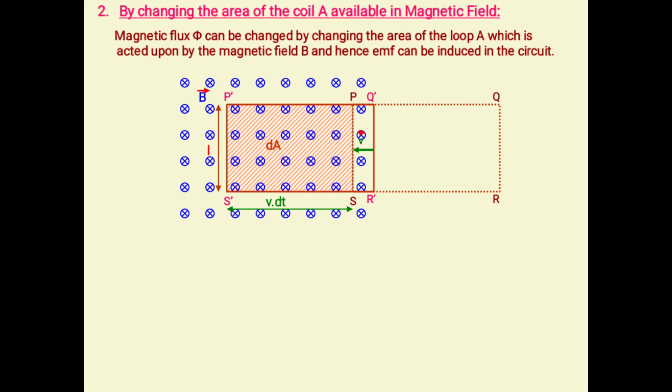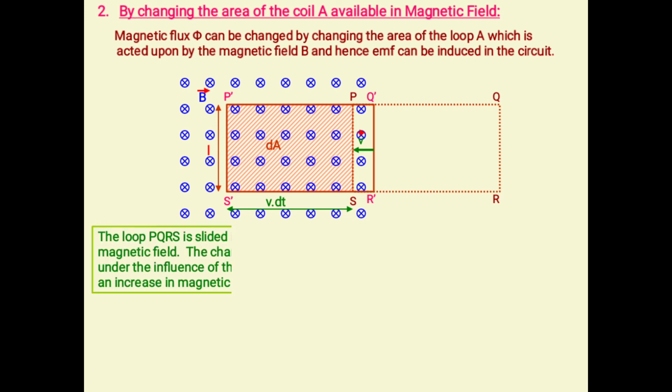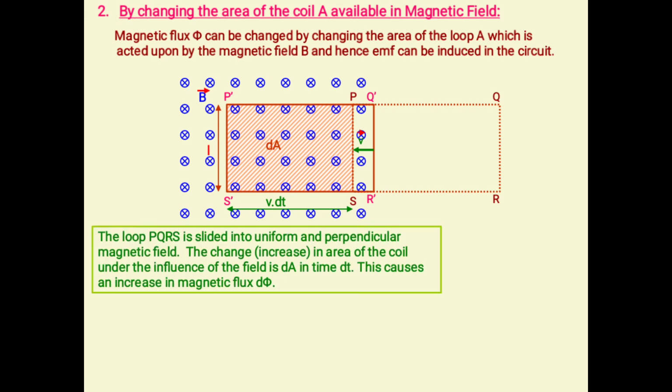And if we talk about the change in area, it will be L into vdt, where v is the velocity of the coil by which it is moving inside the magnetic field. And definitely flux will be B dot dA, B into L into vdt. L is length and vdt is width moved inside the coil.